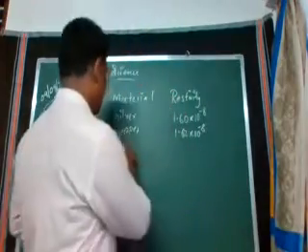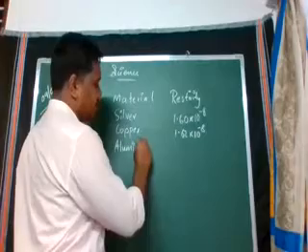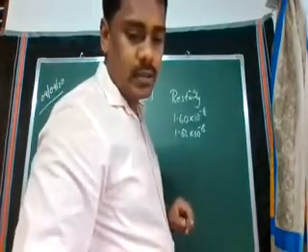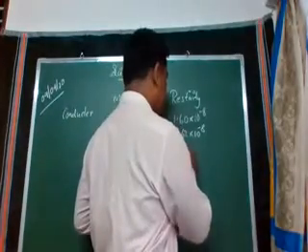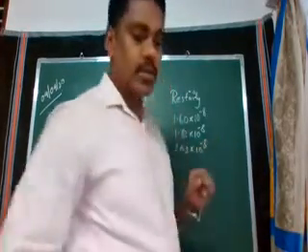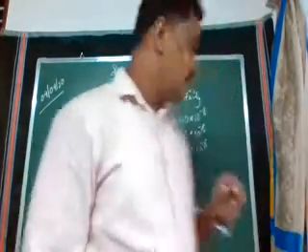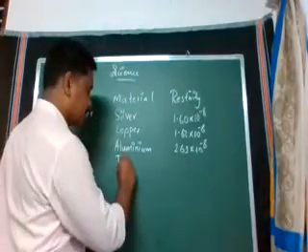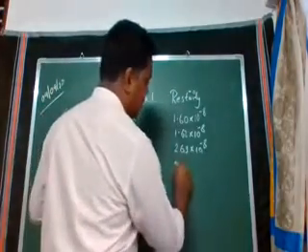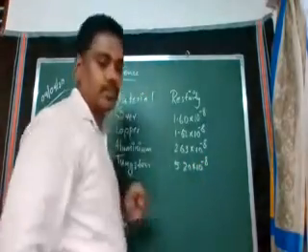Then aluminium, that is 2.63 into 10 raised to minus 8. Then tungsten, 5.20 into 10 raised to minus 8.